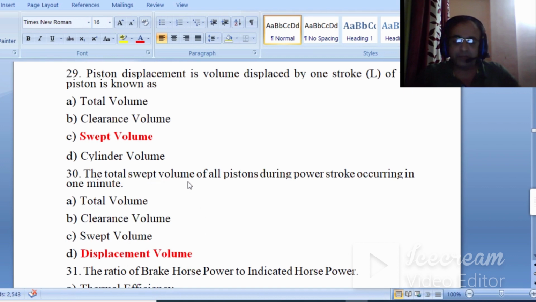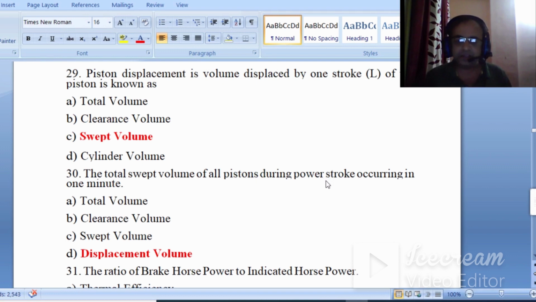The total swept volume, meaning displacement volume, is the swept volume of all pistons during power strokes occurring in 1 minute. Means if there are four cylinders and four pistons, then in 1 minute, or 60 seconds, there may be four power strokes, six power strokes, or more than that.